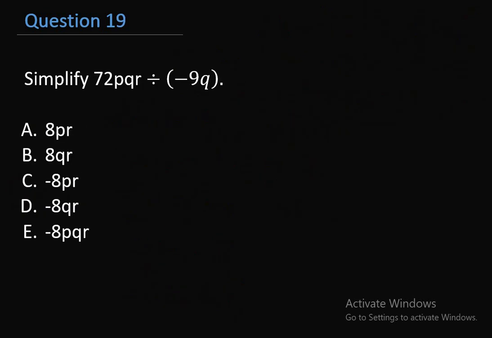So question 19. Simplify 72PQR divide, I'm going to use this division symbol, minus 9Q. So here the Q cancels the Q. 9 here 1, 9 into 72, 8.